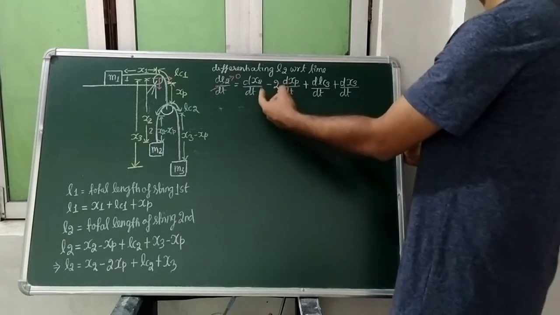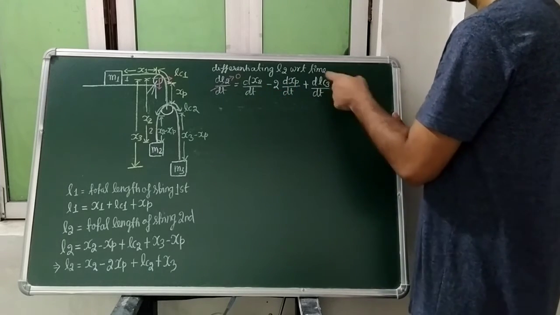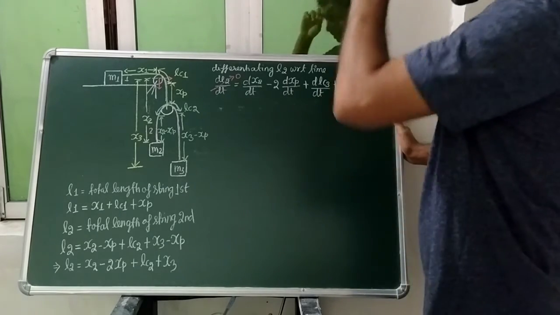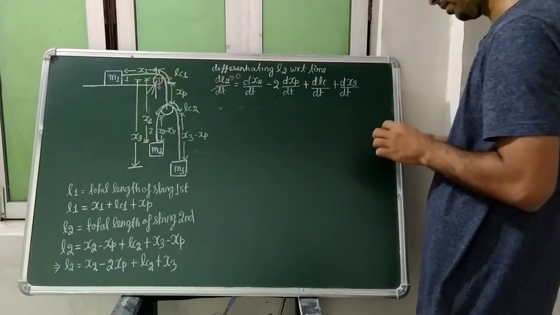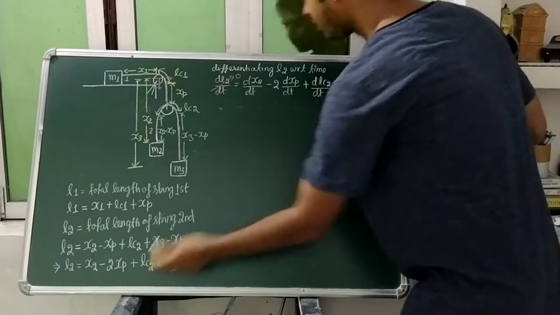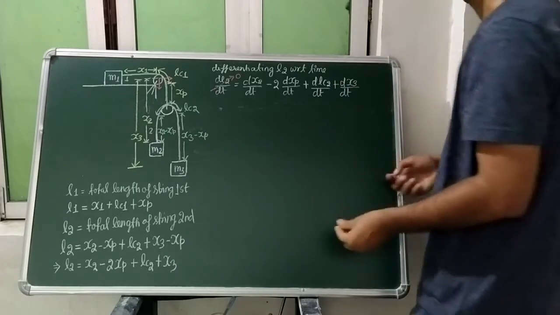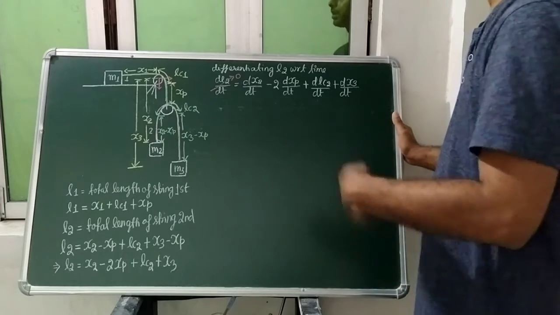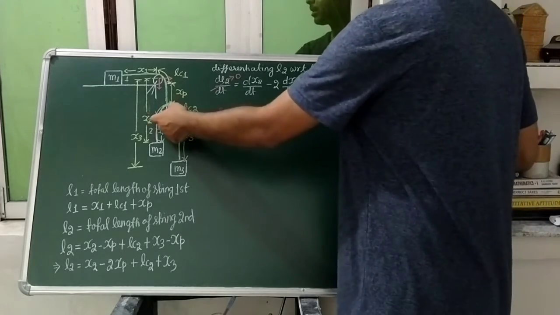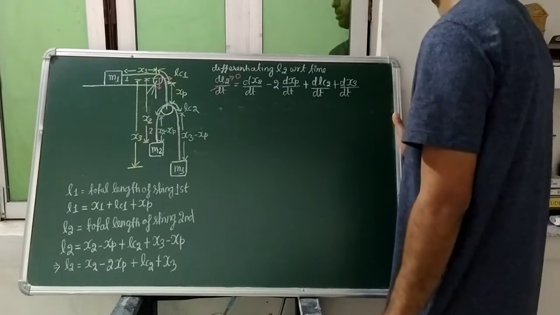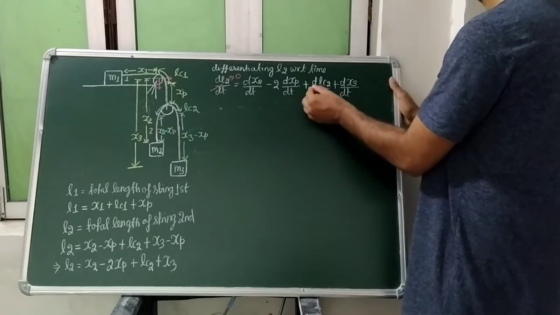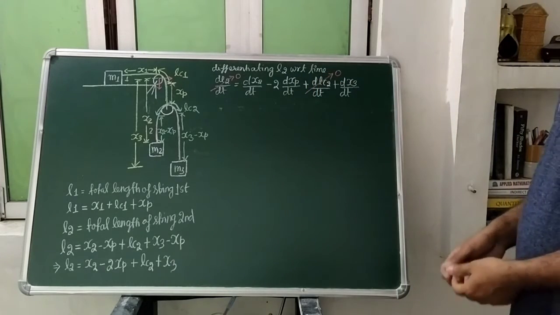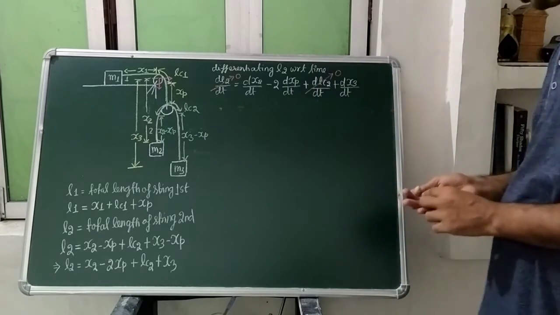And here, students, this is LC2, I'm sorry, here it will be LC2. The length of the string over this pulley is also not going to change. Whatever movement takes place, again and again, the length over this pulley will always be constant. So when we differentiate a constant, that will give us 0 as our result.